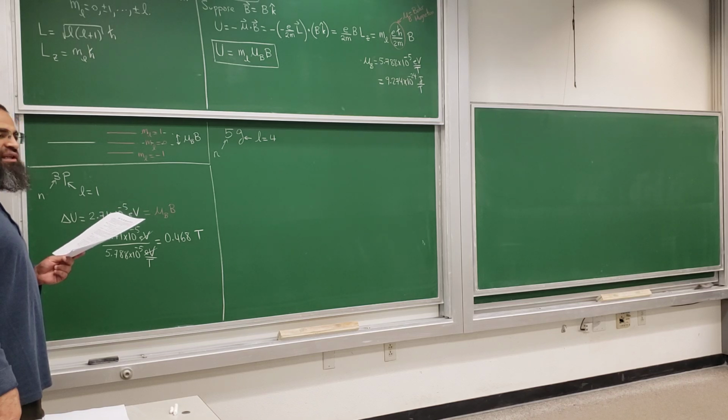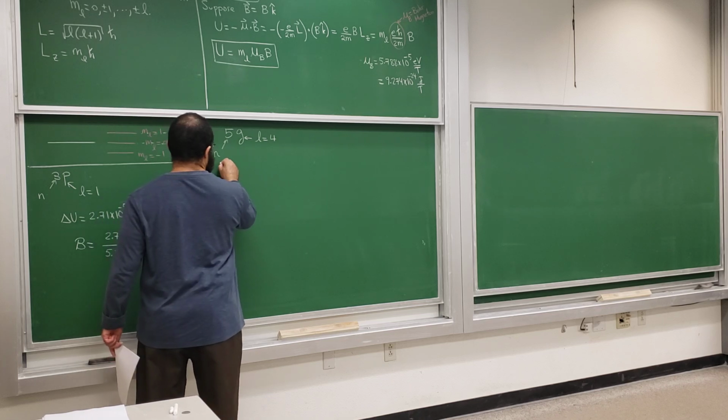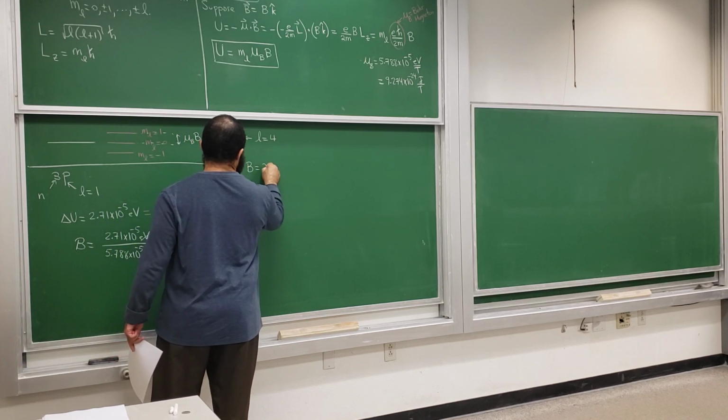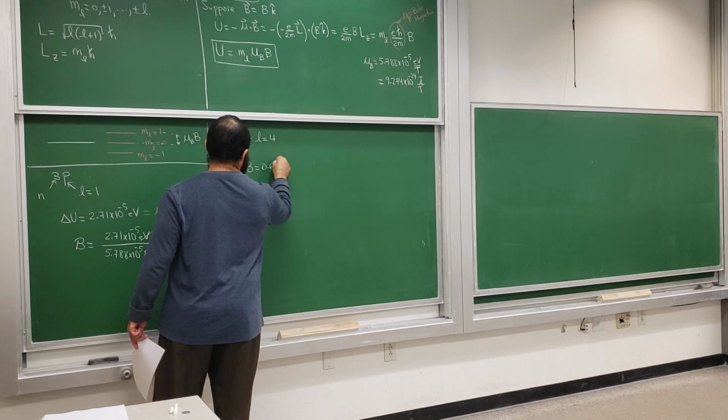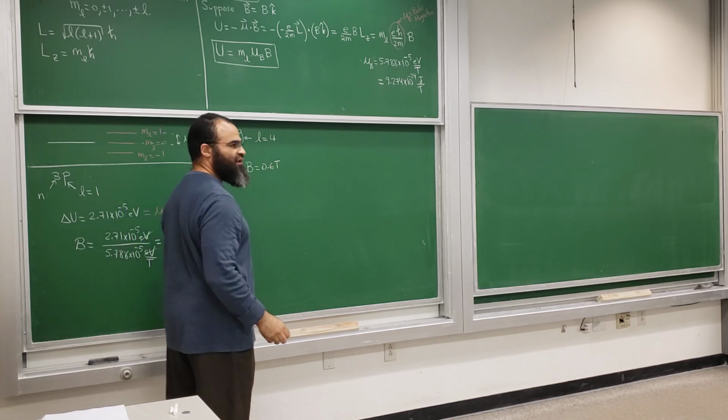If we apply a magnetic field along the z direction, and that magnetic field is 0.6 Tesla, so the magnetic field is equal to 0.6 Tesla, what is delta U then?